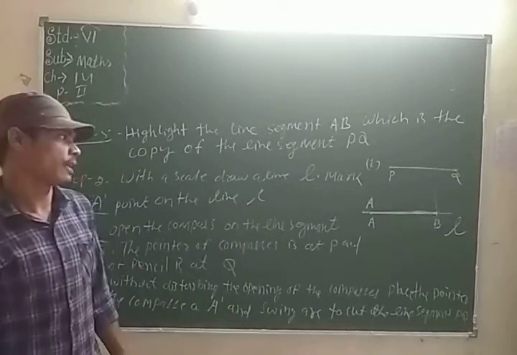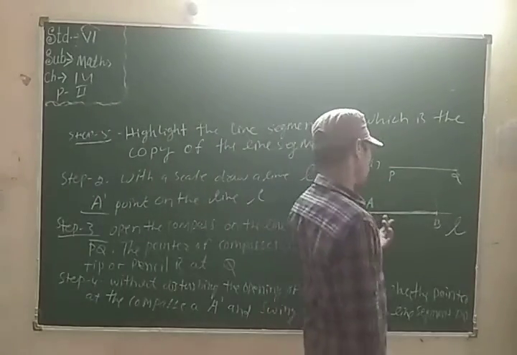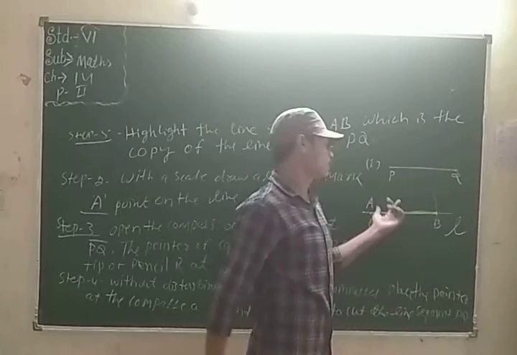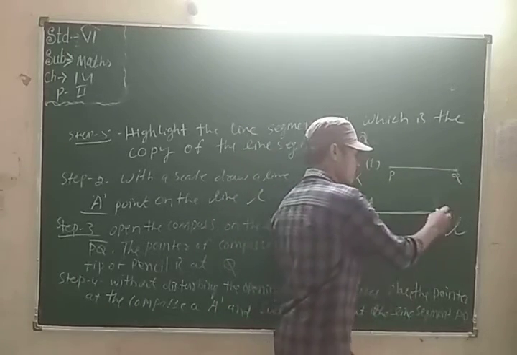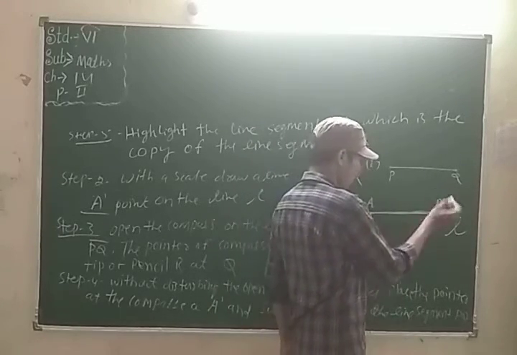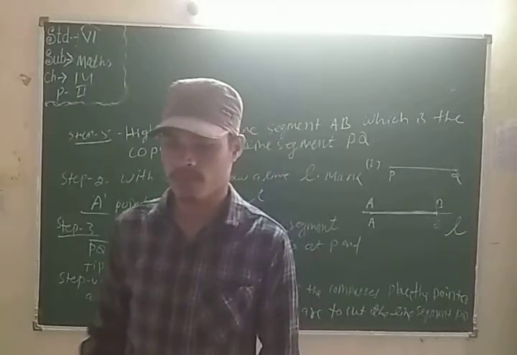Clear about this? First we take a line segment PQ, then take a line and put the point A, then take the length PQ from A and mark the point, and give the name B. There is B. That is the required line segment, or a copy of the line segment.